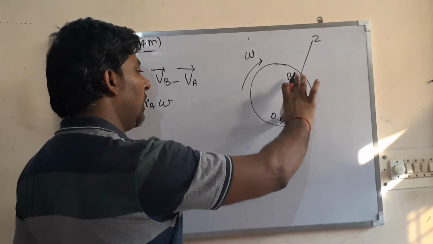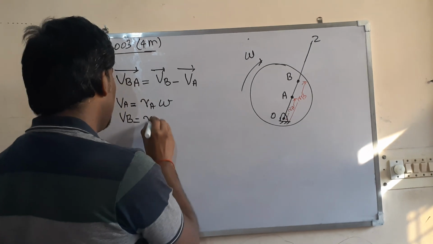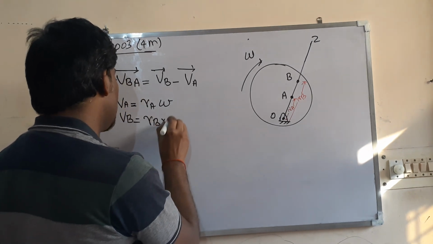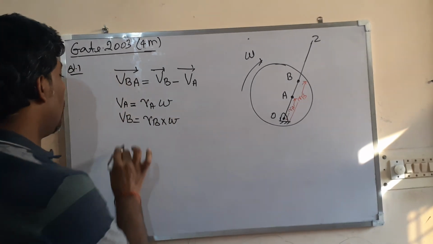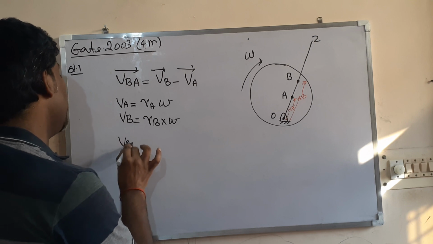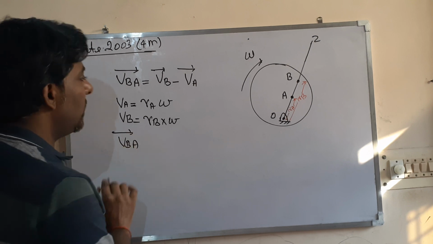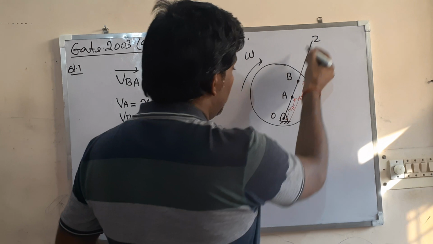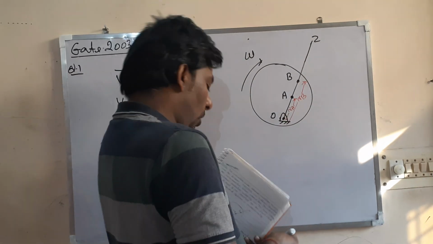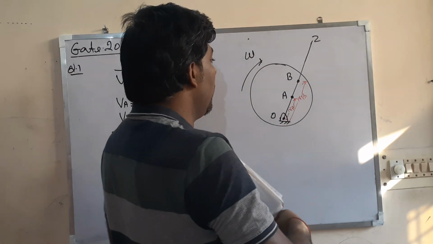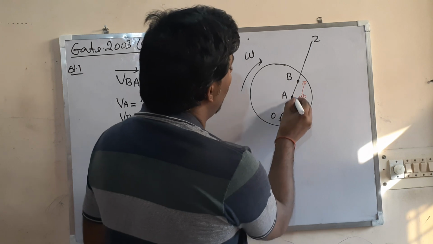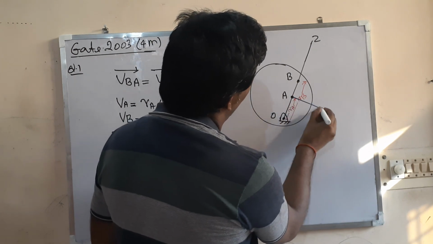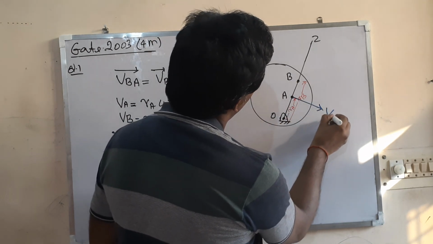This is rotating about O. So RB into omega. So velocity of point B with respect to A. Look at here. This is rotating about O. So the velocity of point A with respect to O will be perpendicular to OA, that is in this direction.